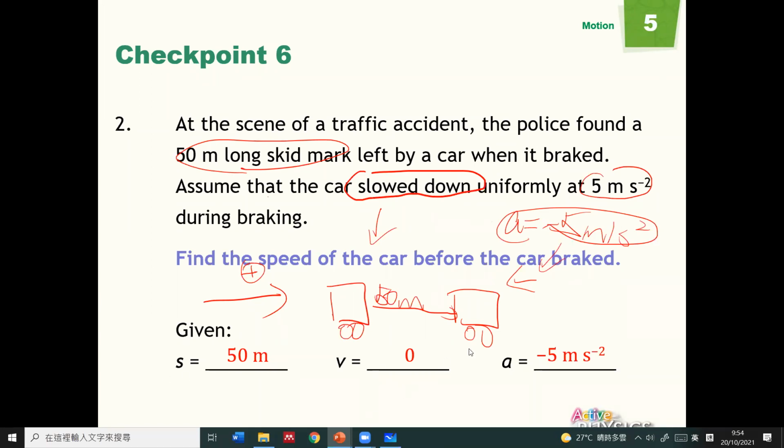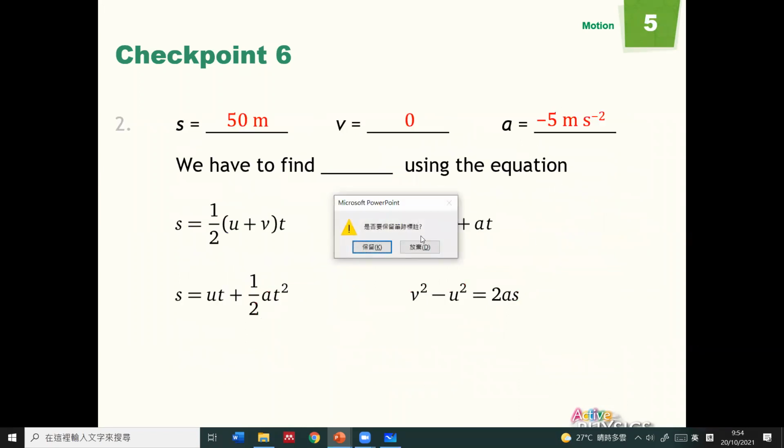And the final velocity will be 0. Can you understand the question? You start to brake, and after you stop, the final velocity will be 0 because the car stops. The initial velocity is given, and what you need to find is the displacement and acceleration.